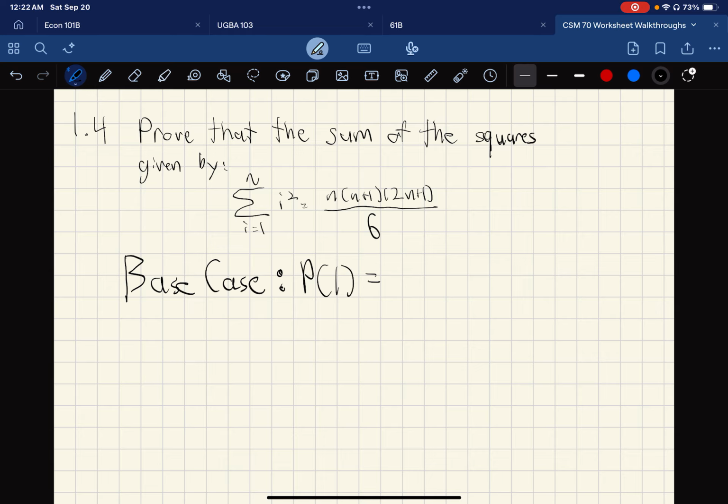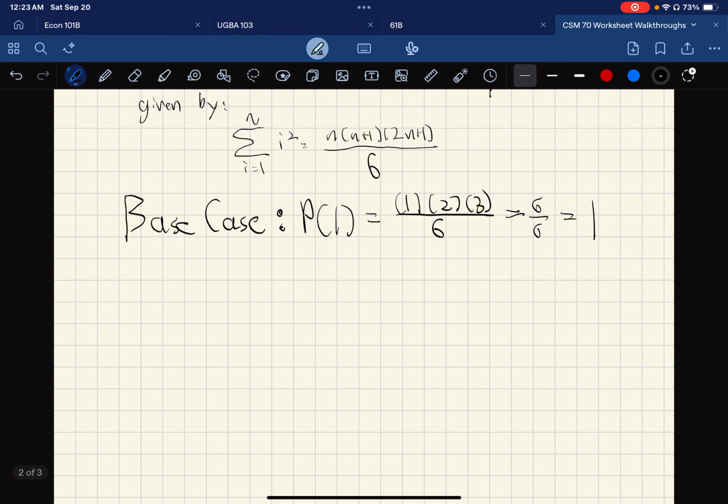Let's verify that now, putting 1 in for n. We have 1 times 2 times 3 all over 6. 6 over 6 is 1, and 1 squared is 1. That looks right, so I think we should proceed.